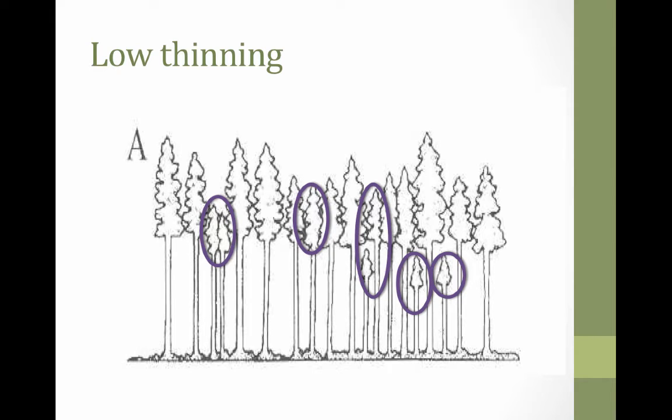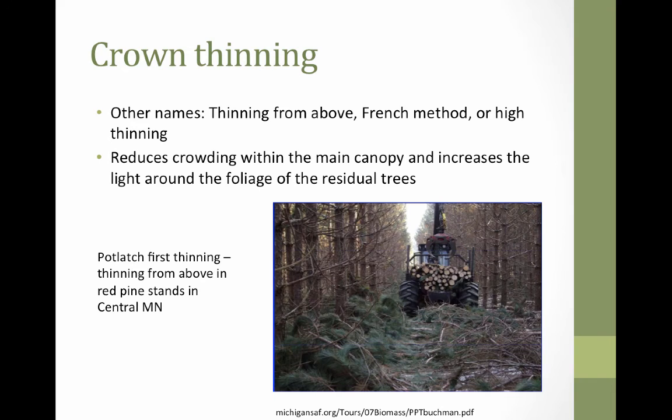So low thinning is one type of thinning. Another type of thinning is crown thinning, or thinning from above, also called the French method, or high thinning. This reduces crowding within the main canopy and increases the light around the foliage of the residual tree.